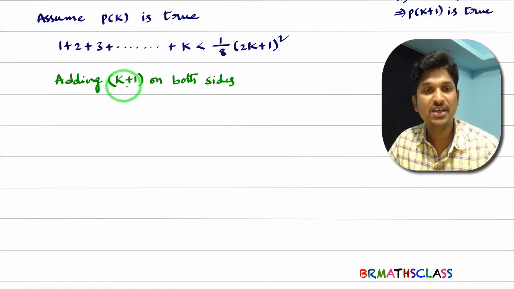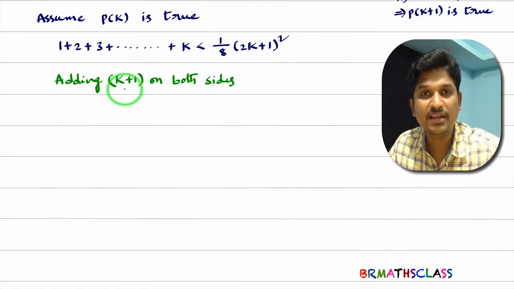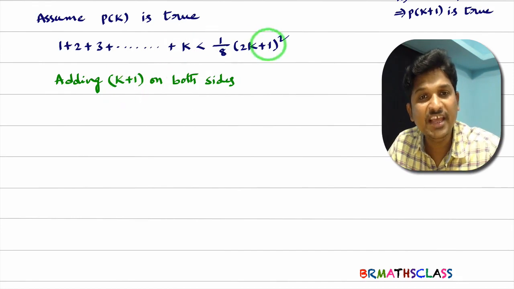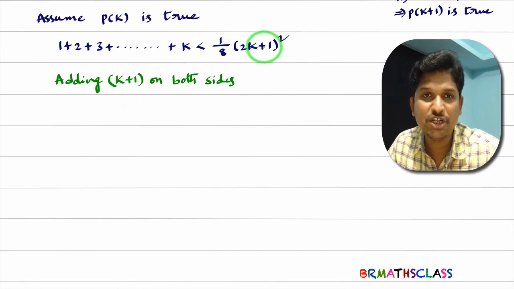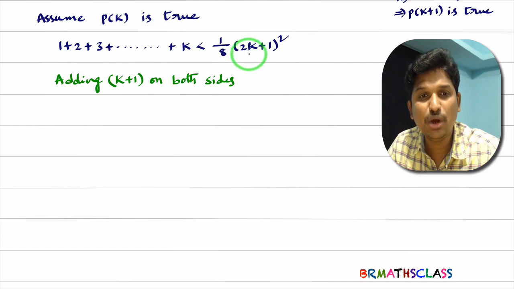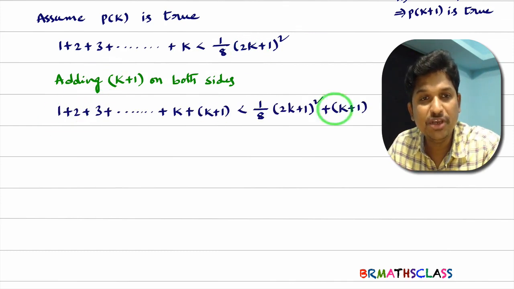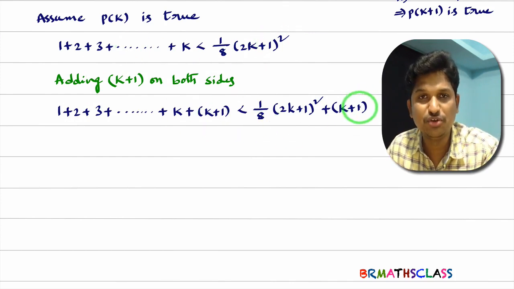Here one point: k is a natural number, so k plus 1 is also a natural number. For an inequality, if we add a natural number on both sides, whatever you get is also true. So, for this inequality, I'll add k plus 1 on both sides. You observe here, for this inequality, I added k plus 1 on both sides.